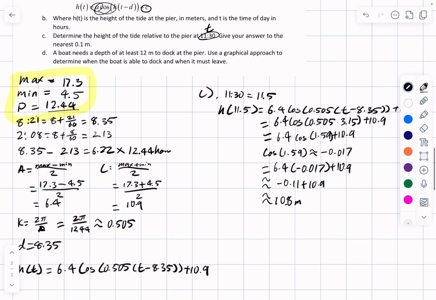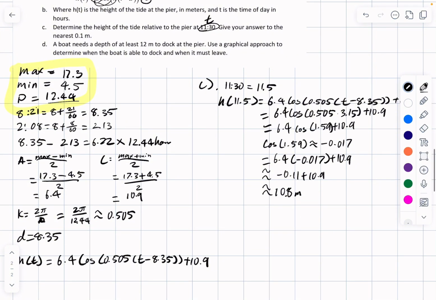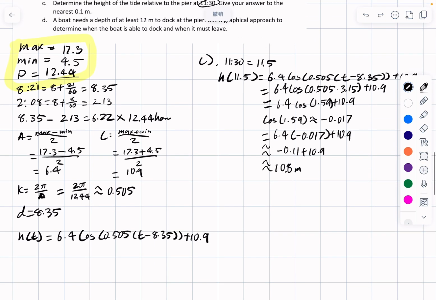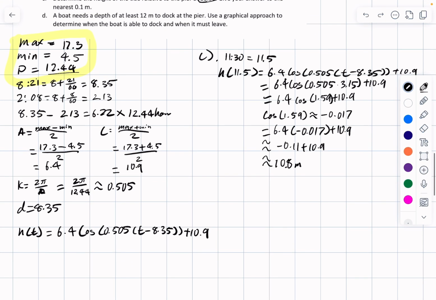Okay, the last question is simply giving a restriction that the boat has to be bigger or equal to 12 meters. So the equation needs to be bigger or equal to 12 meters.